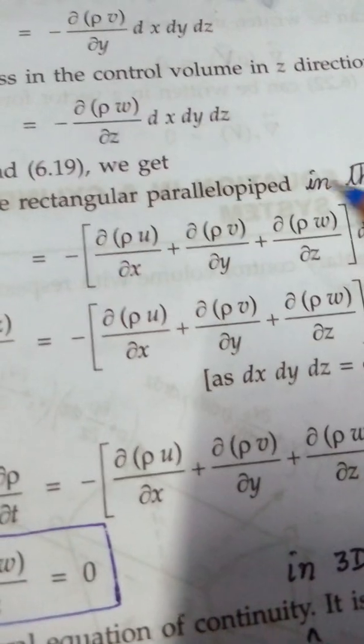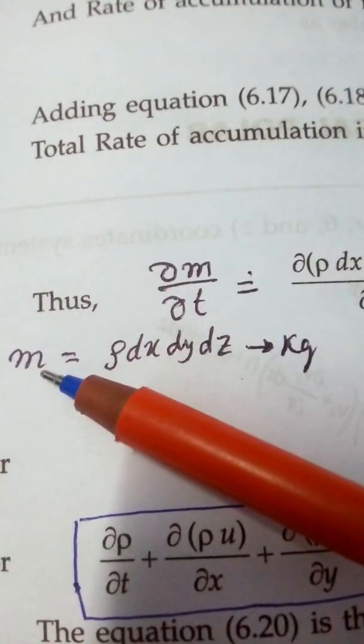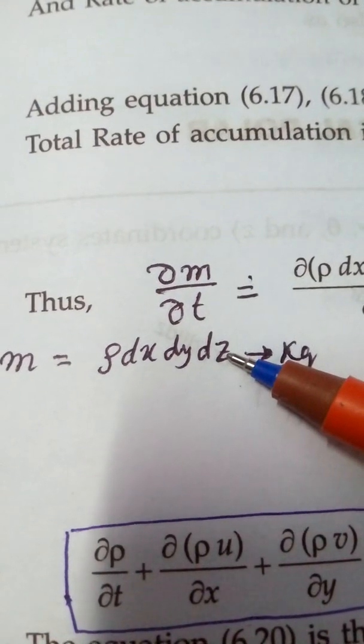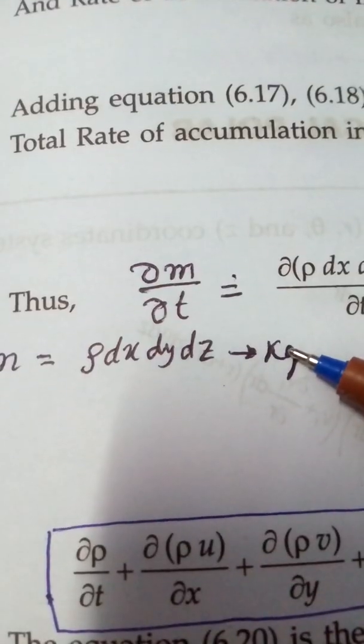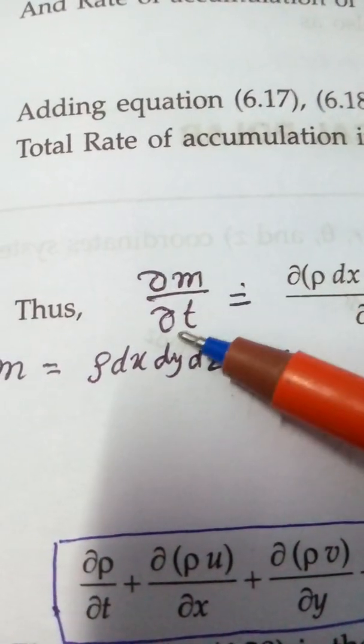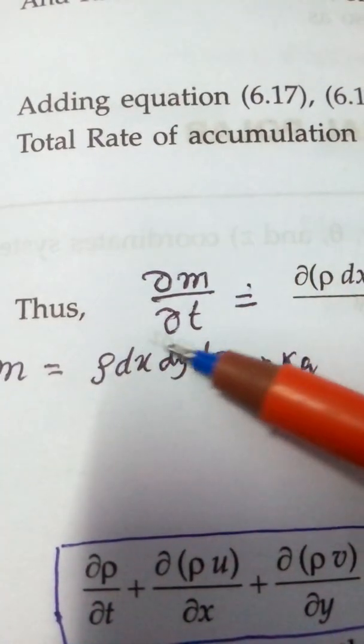Now this is the accumulation of the mass in the control volume. What is the control volume mass? The control volume mass is rho into dx dy dz. This is in kg. So del m by del t is the rate of accumulation of the mass in the control volume.